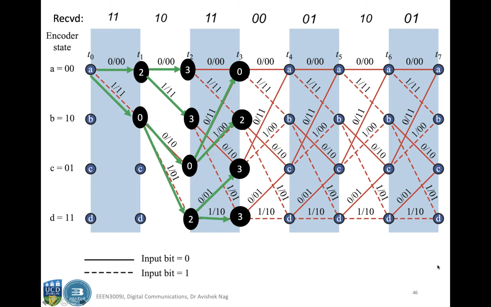So the same thing is happening. We are traveling through the trellis and we are trying to find out the shortest path, where the path is measured in terms of the Hamming distances.